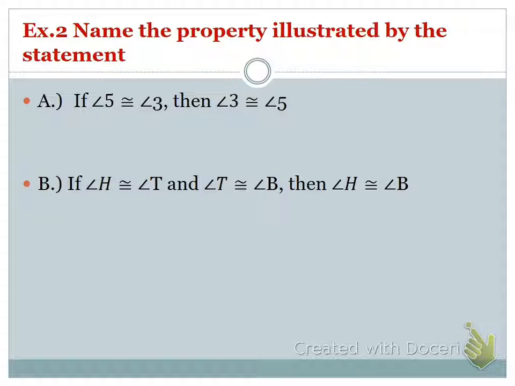All right, these ones are pretty straightforward. Just name the property illustrated by the statement. So on letter A, angle 5 is congruent to angle 3, then angle 3 is congruent to angle 5. Symmetric, good. Symmetric allows us to state congruence forwards or backwards.